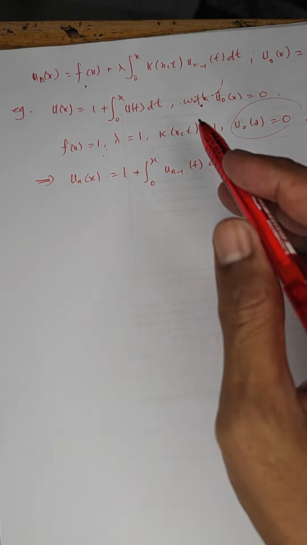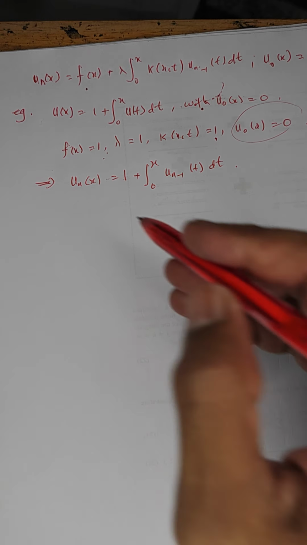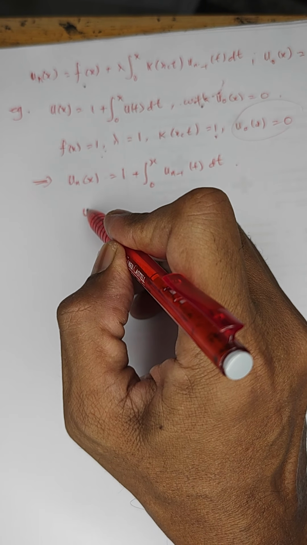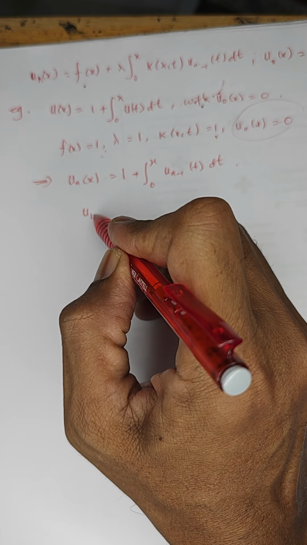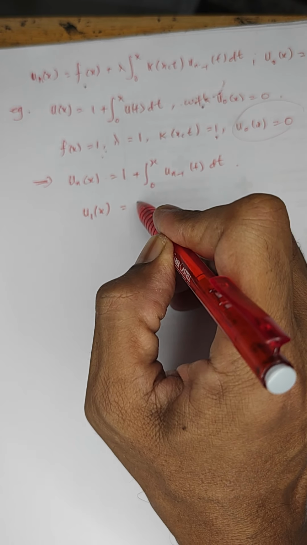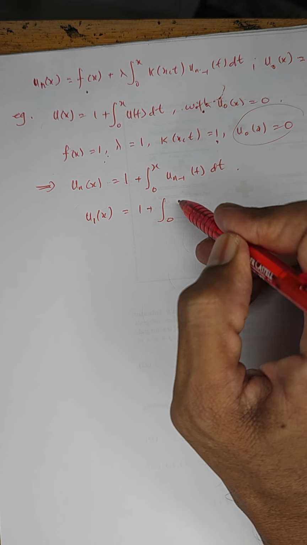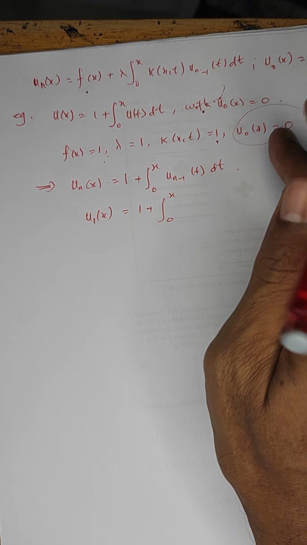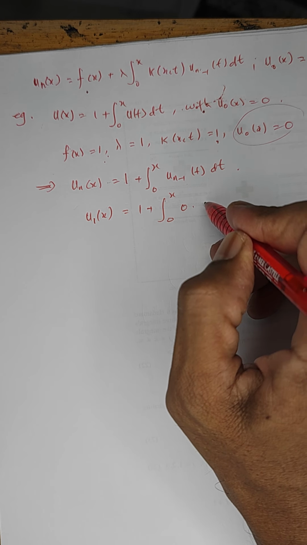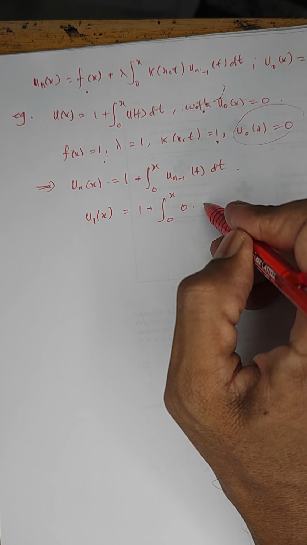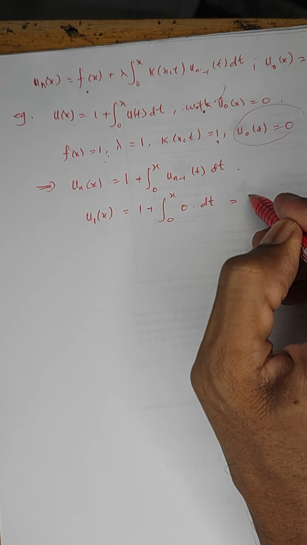From here you can find u1, u2, and so on. u1(x) is 1 plus the integral from 0 to x of u0, which is 0, dt, and this gives you 1.